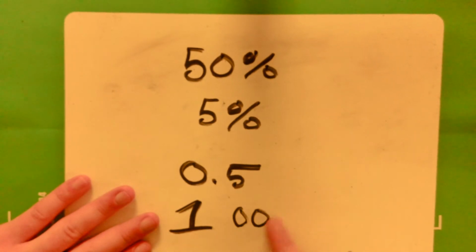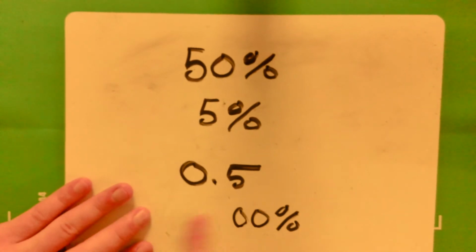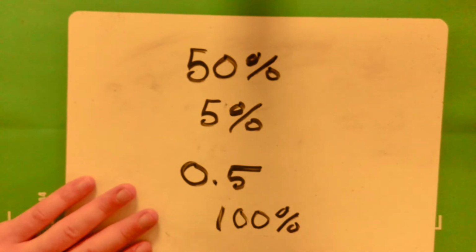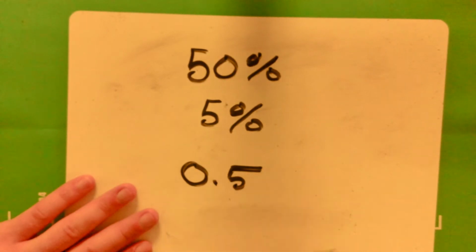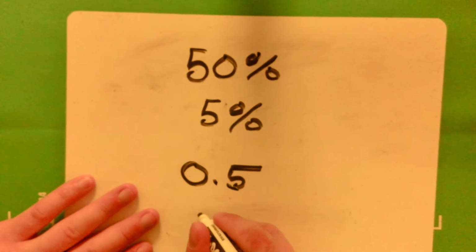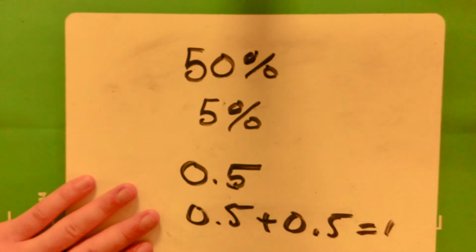There's our decimal place, 100%. So it's 100% of 1 is basically what we're talking about. So right here, 0.5 is 50% of a whole, because we know that 0.5 plus 0.5 equals 1.